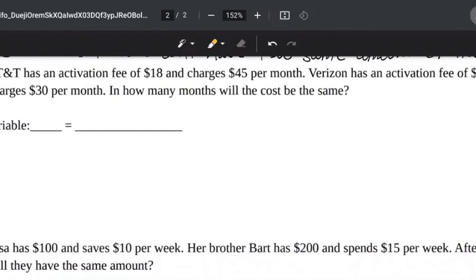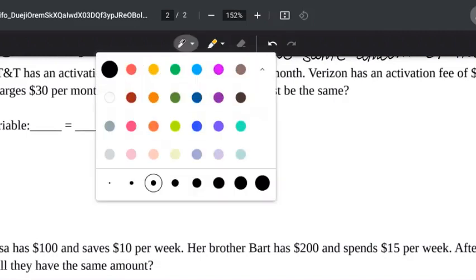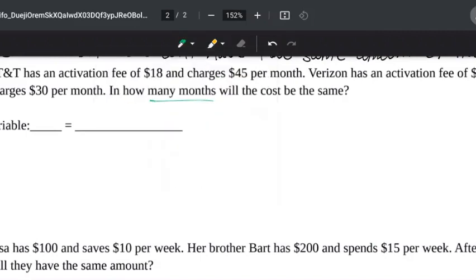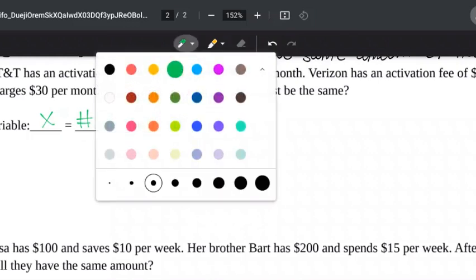AT&T has an activation fee of $18 and charges $45 per month. Verizon has an activation fee of $48 and charges $30 per month. In how many months will the cost be the same? So, in how many months? So, number of months. All right, let's take a look at AT&T first.